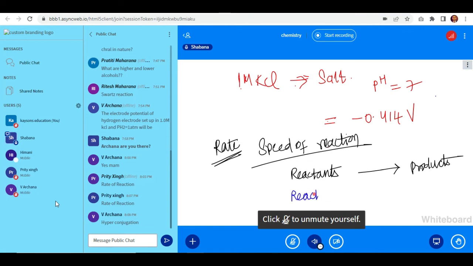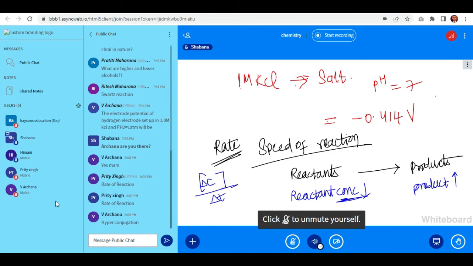So reactant concentration decreases because reactants are converted to product, and product concentration increases when the reaction is happening. So how will you check the speed? With respect to concentration per time. So change in concentration, delta C, over time.